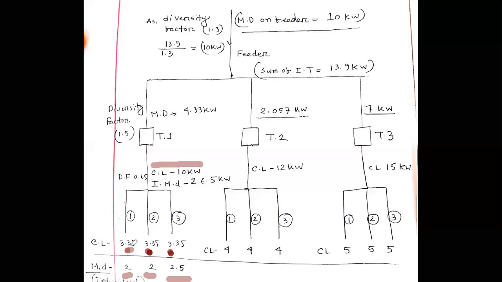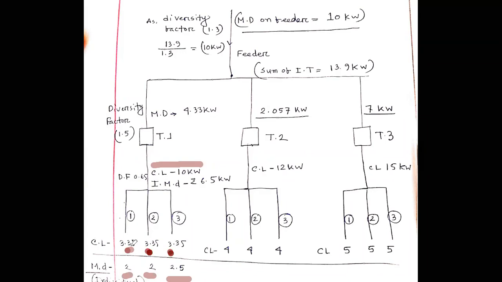If we sum these three values, we get the sum of individual maximum demands, isn't it? Maximum demand is the maximum amount of power they are using.